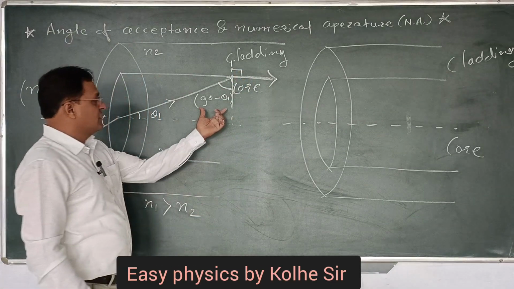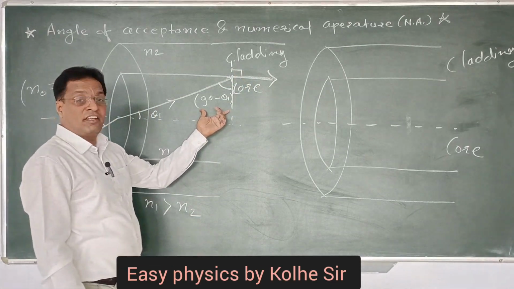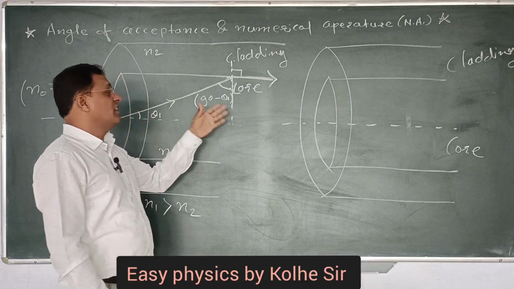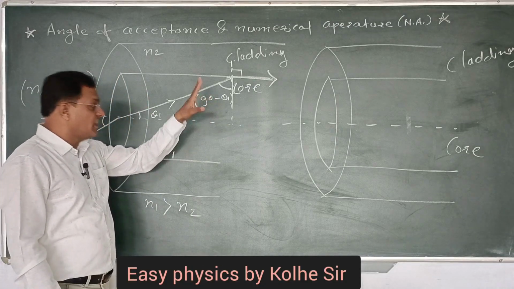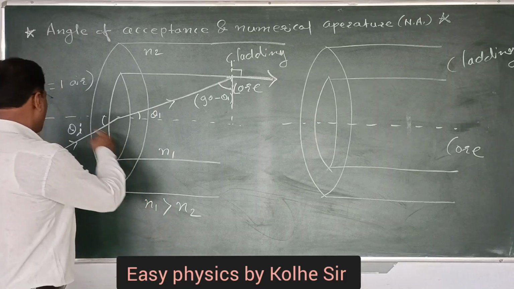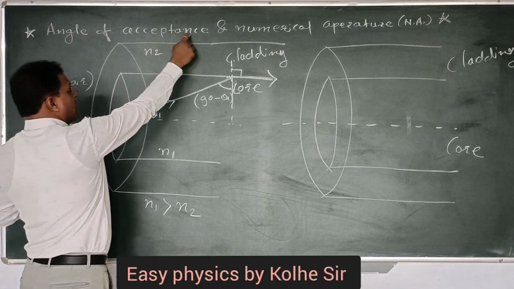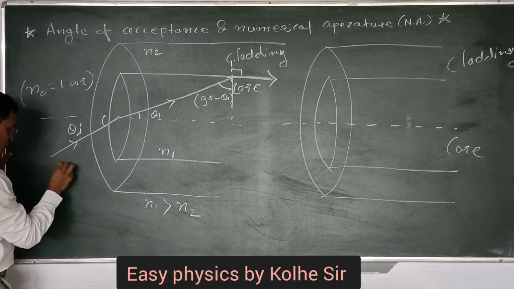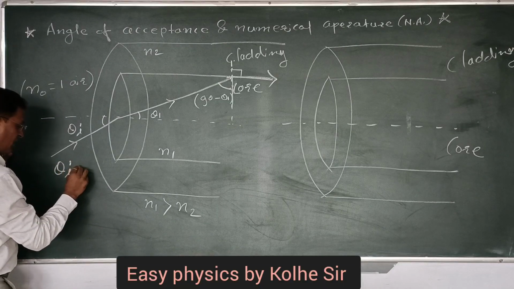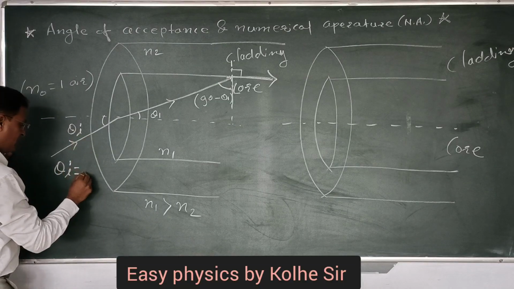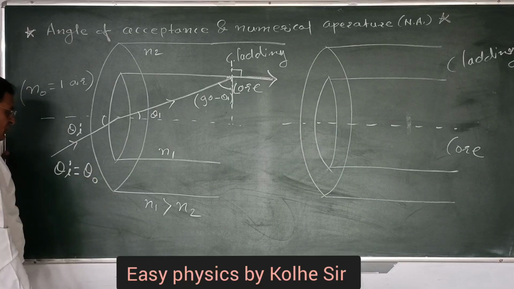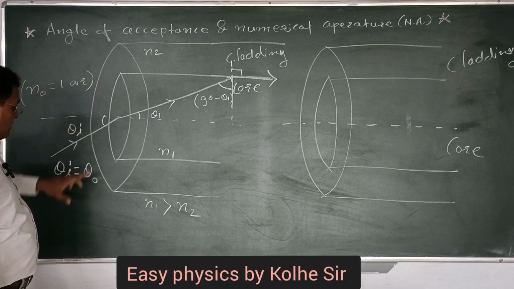It means that this incident angle, 90 minus theta 1, is the critical angle. But at the same time, the corresponding incident angle is called the angle of acceptance. So we say this theta I is equal to theta suffix 0. We say that is the angle of acceptance.